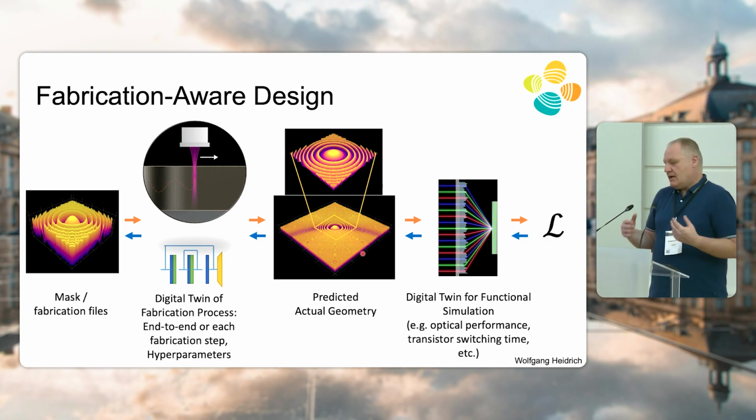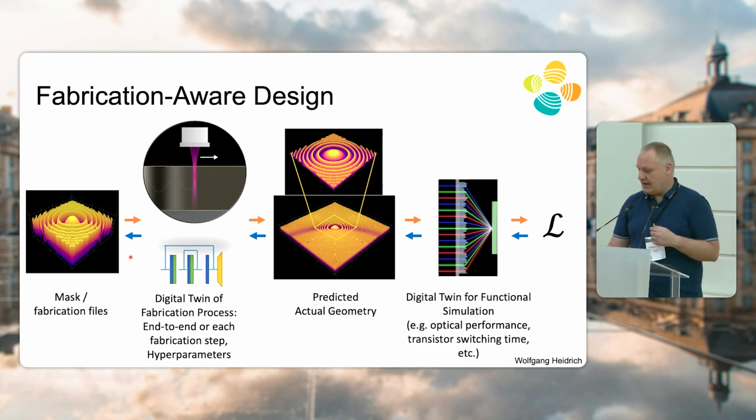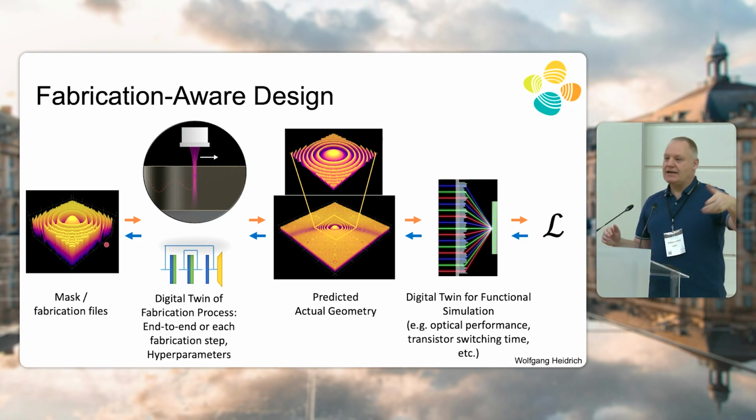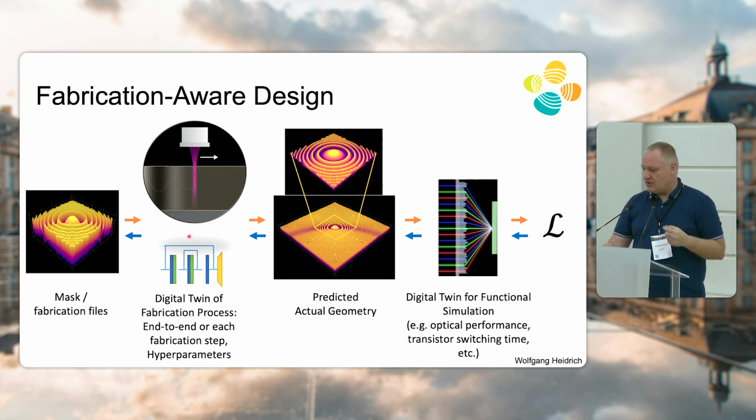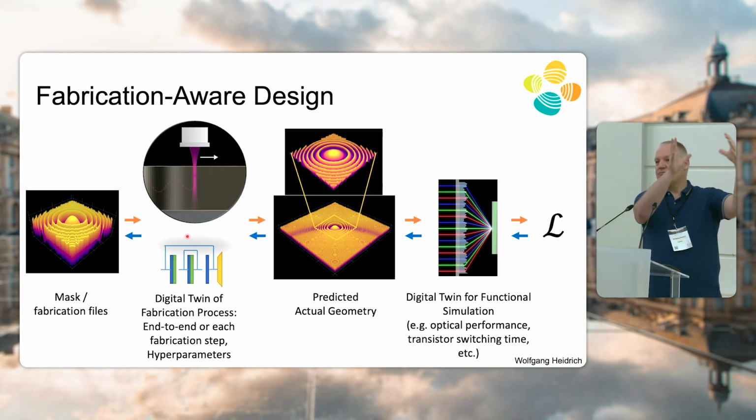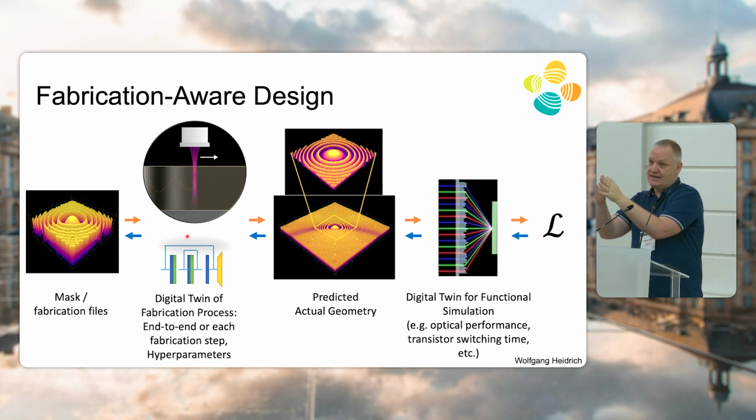And then what we do is we have a digital twin of the fabrication process, and we're backpropagating the gradients through that to actually update the design files that we send into the fabrication process, right? So this digital twin on the forward path takes whatever design files you give it, and it gives you a very, very detailed, sub-micron geometry of the shape that you will get out.